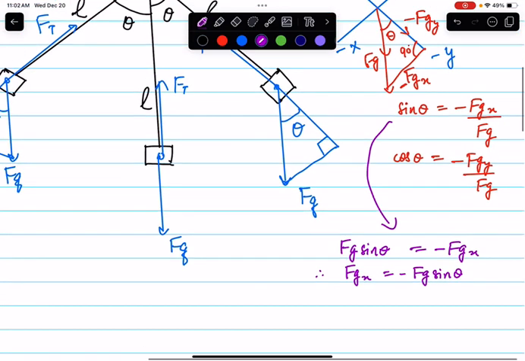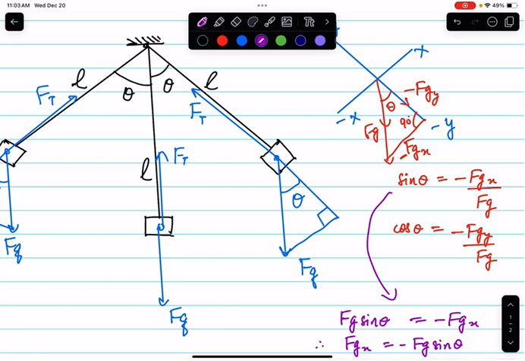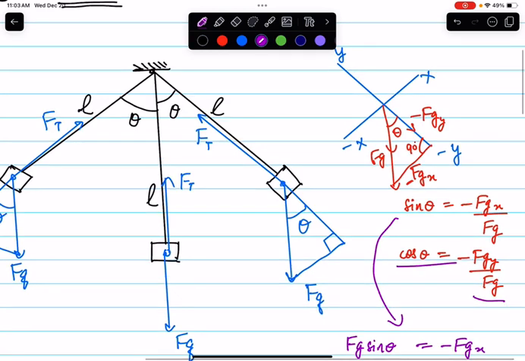Now, the other thing is that we don't really care too much about this Fgy force. The reason we don't care about the force of gravity in the y direction is because Fgy acts over here and the tension force acts upwards, so both of these just cancel each other out.